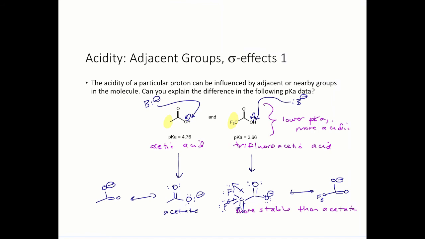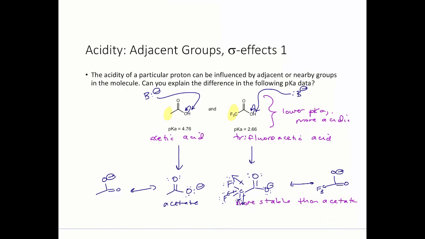I'm just drawing my lone pairs in. They can pull electrons through multiple sigma bonds. So pulling electrons toward itself in this bond also polarizes that bond, also polarizes this bond, and that helps to stabilize that negative charge, those electrons on the oxygens.